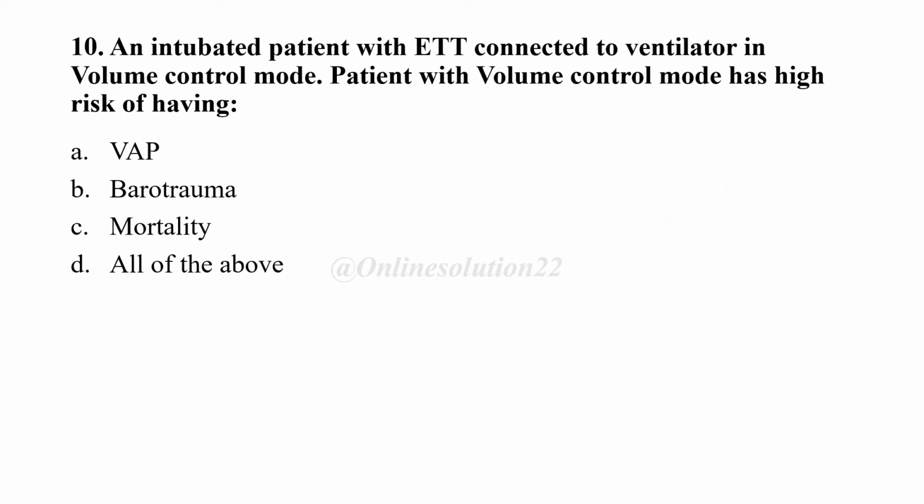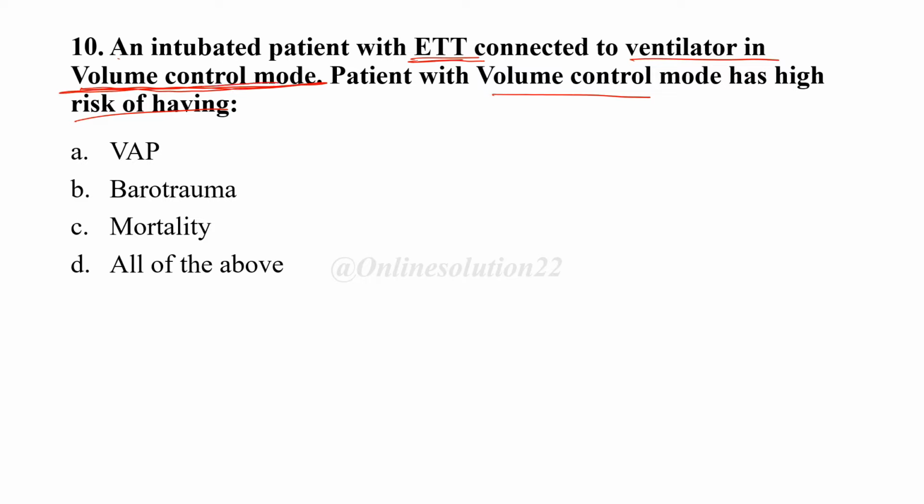Question number 10. An intubated patient with an ET tube connected to a ventilator in volume control mode. Patient with volume control mode has high risk of having option A, VAP or ventilator associated pneumonia, option B, barotrauma, option C, mortality, option D, all of the above. Here the statement states that the patient is on ET tube connected to a ventilator and the mode is volume control mode.